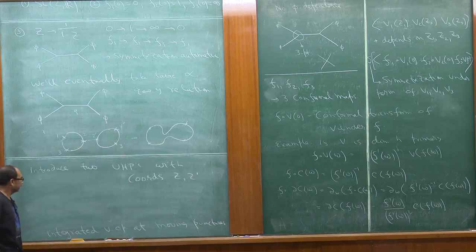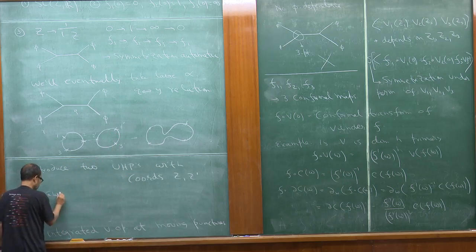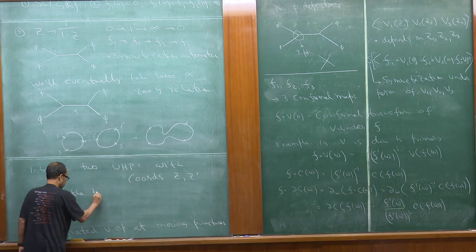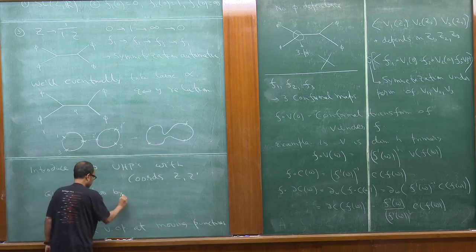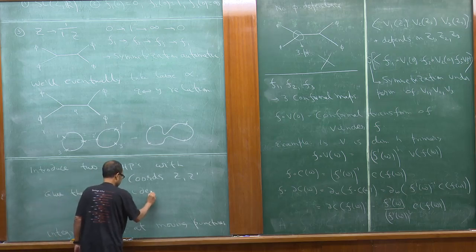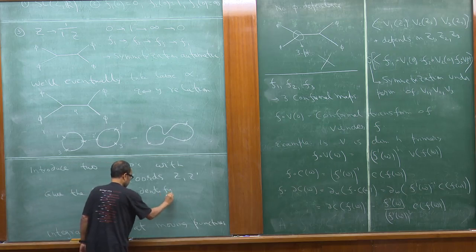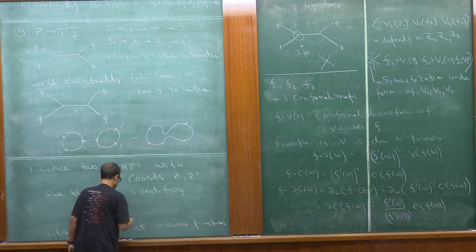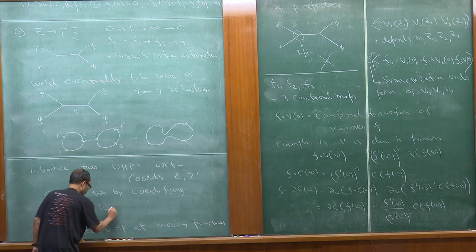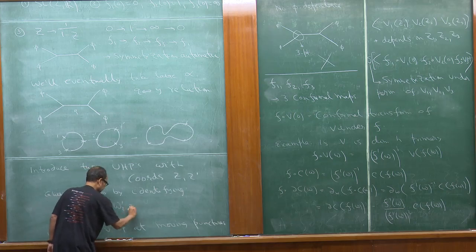Then we glue the two by identifying them by the relation W2 W2 prime equal to minus q.